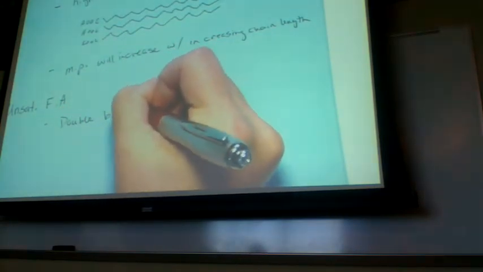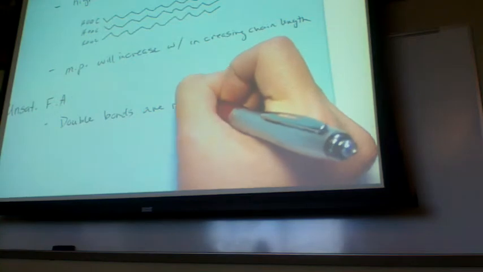Your unsaturated fatty acids: your double bonds are rigid, because you can't rotate around a carbon-carbon double bond. And so you tend to find that they do not pack as well together.